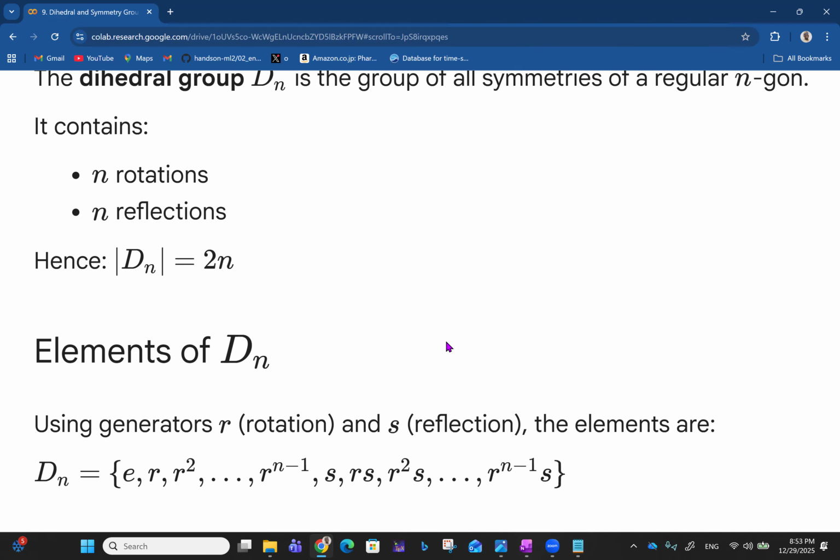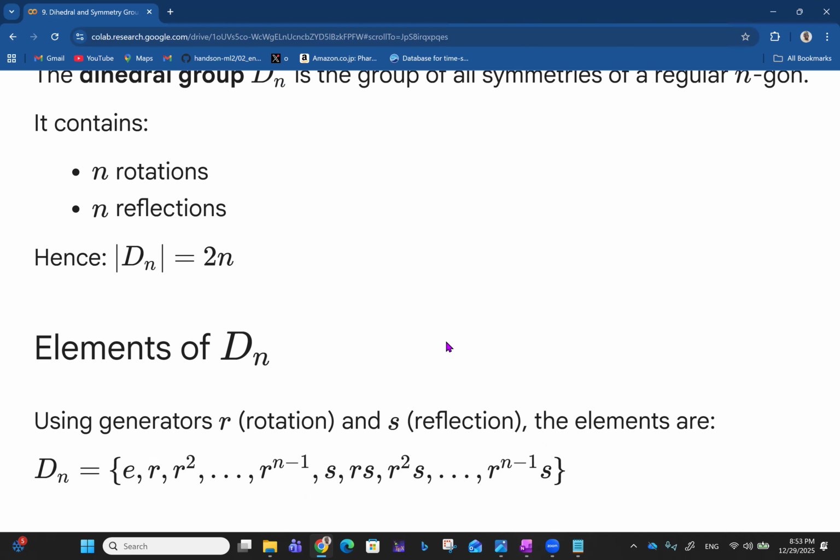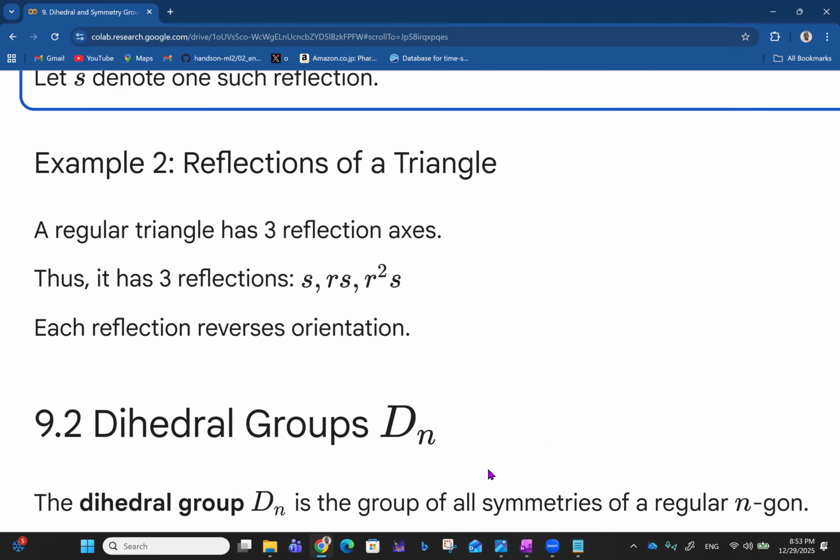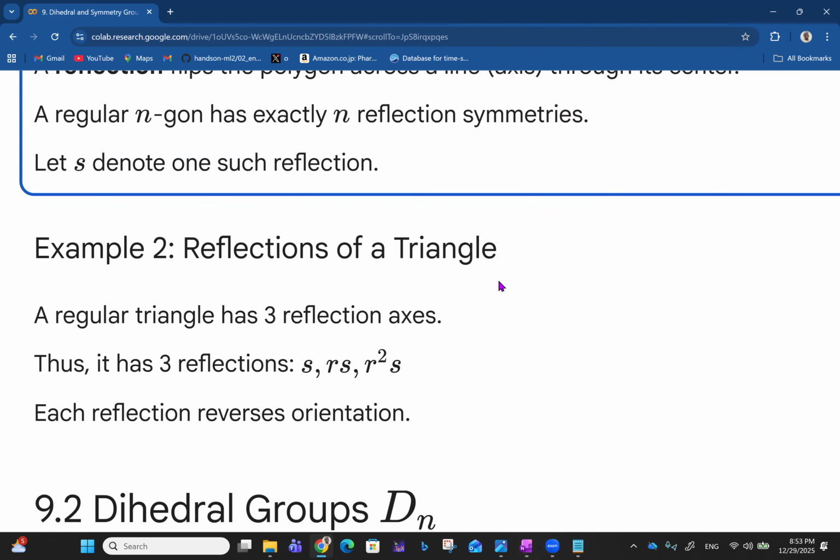So what are the elements of dihedral groups, Dn? Using generators, we have generators R for rotation and S for reflection. The elements of Dn start from E. For rotations we already know we have from E to R^(n-1), and for reflections, just like what we saw here, we have S, RS, R squared S, and that pattern goes on depending on what exactly you have.